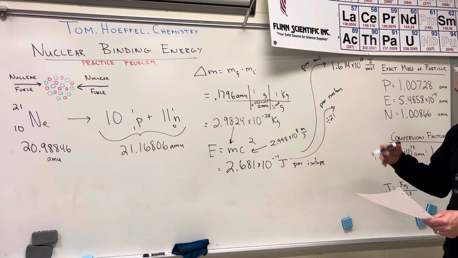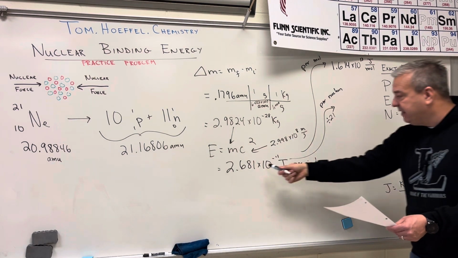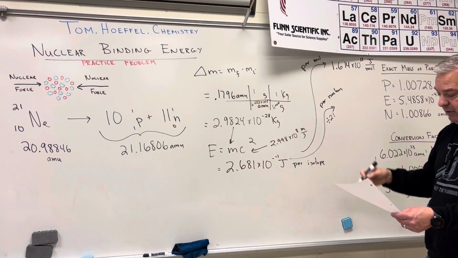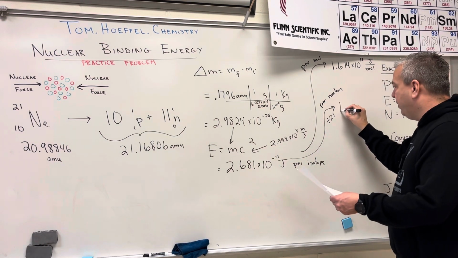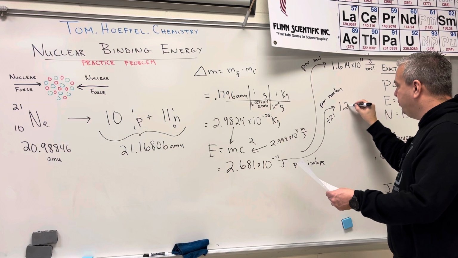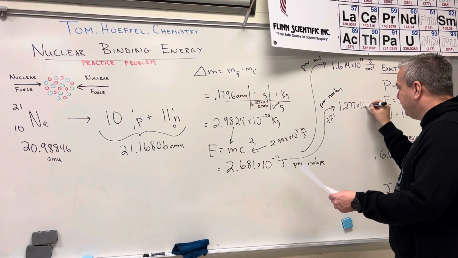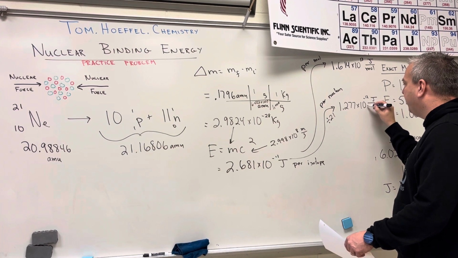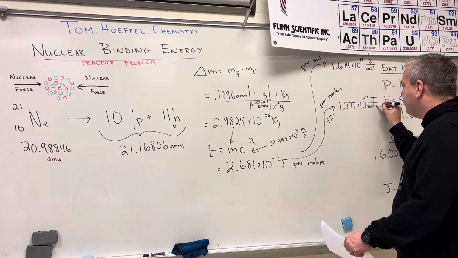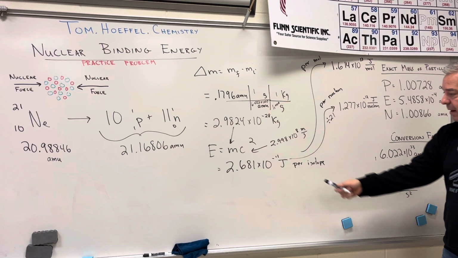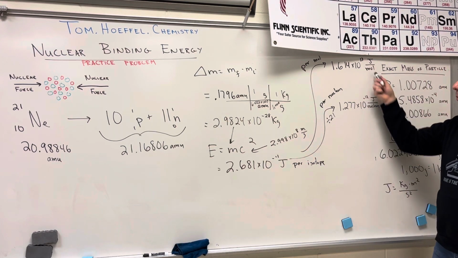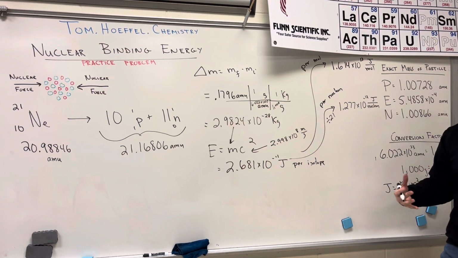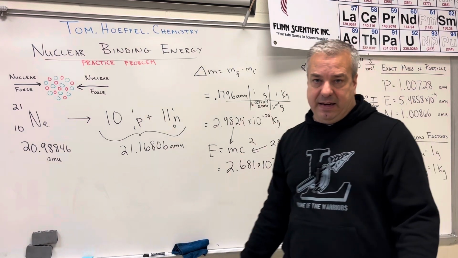On a per nucleon basis, if I take this number and divide it by 21, I get the answer of 1.277 times 10 to the negative 12 joules per nucleon. So we got a per isotope, per mole, and per nucleon basis as far as the binding energy.